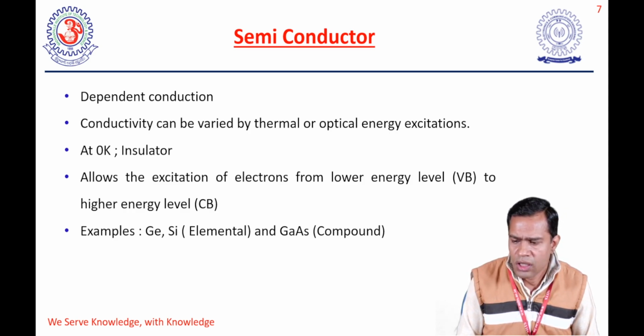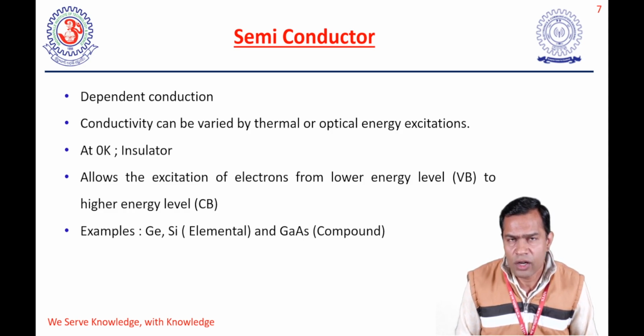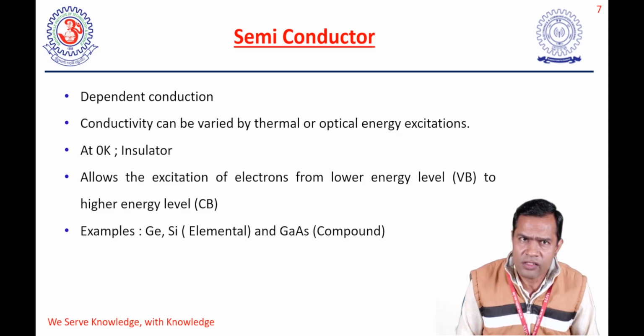Here we need controllable conduction, because we have to control the current in electronic devices like diode and transistor, and these devices consist of semiconductor material, that is silicon. Conductivity can be changed or varied by thermal or optical energy excitations.